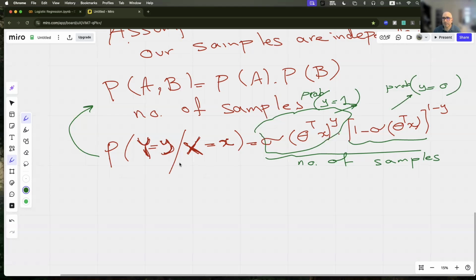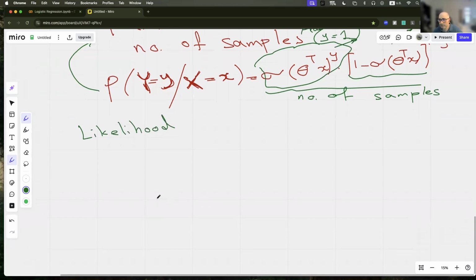So again, these are multiple samples. We assume that the samples are independent, so based on this equation we can basically multiply them. And we can write that as a likelihood if you have multiple samples. So the likelihood of theta, because that's our objective, we want to calculate that for every sample. Imagine we have n samples.